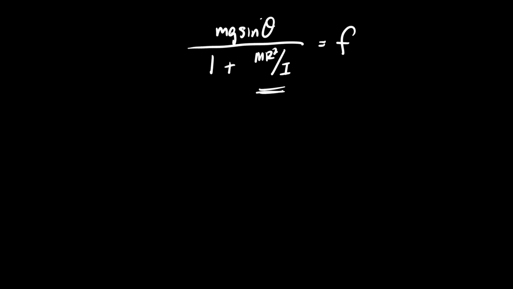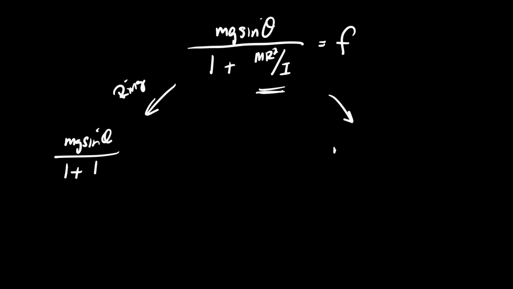Can we prove it? If we look at the ring, it will be mg sine theta divided by 1 plus 1, right? mr squared divided by mr squared. That is the ring. And if it's the disk, it's mg sine theta divided by 1 plus 1 over 1/2.